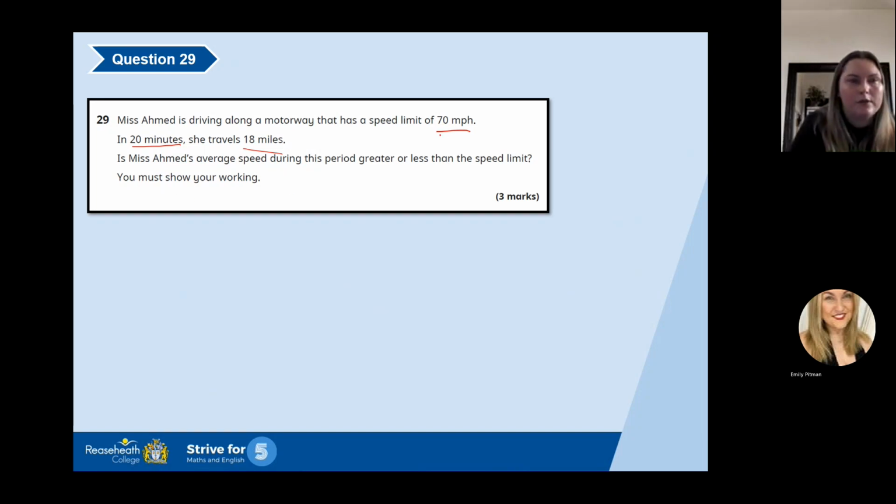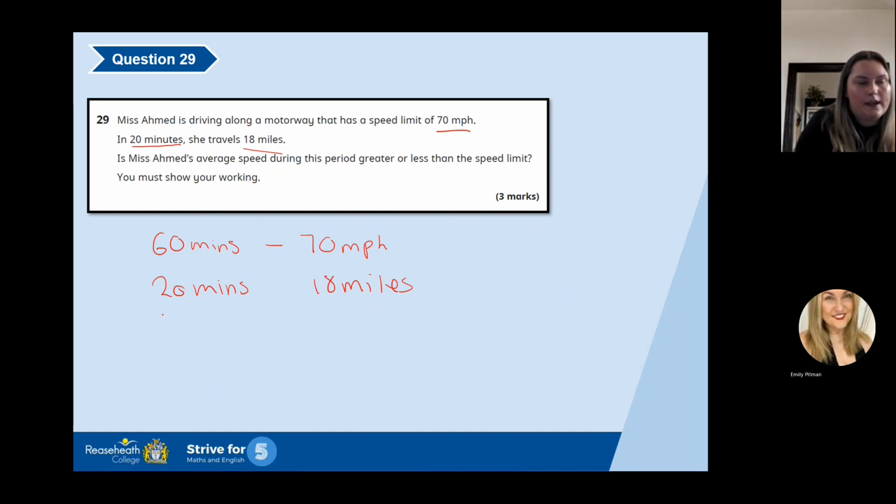Okay, so in 60 minutes, they're doing 70 miles per hour. And she's doing 20 minutes, and she travels 18 miles. So if I want to work out how much that would be in miles per hour, so in 60 minutes, I would simply need to times it by 3.